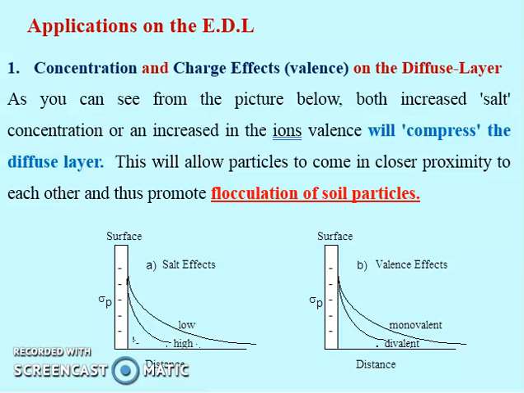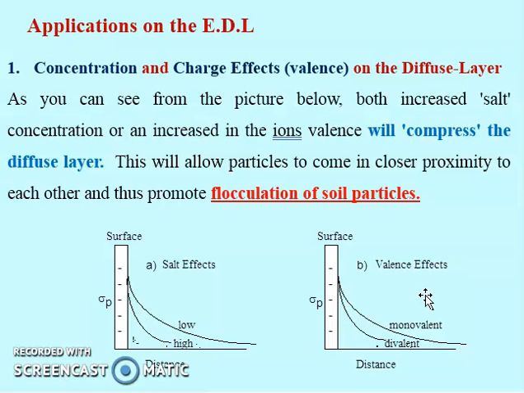As I told you on this graph, the low concentration leads to dispersion of the counter ion around the soil particle, consequently increasing the electric double layer. The same for the valence. The higher the valence, the lower the electric double layer.